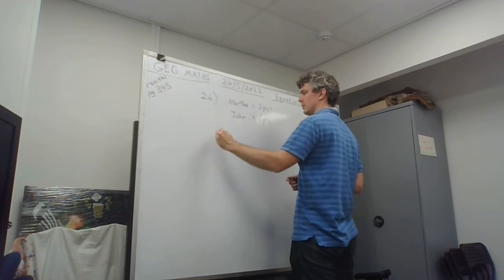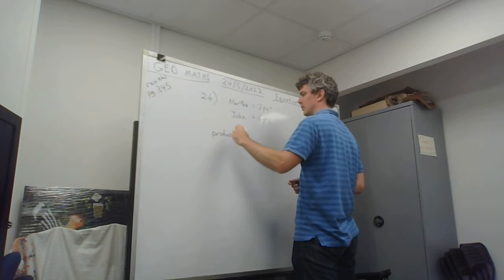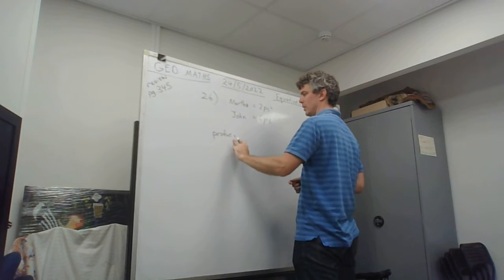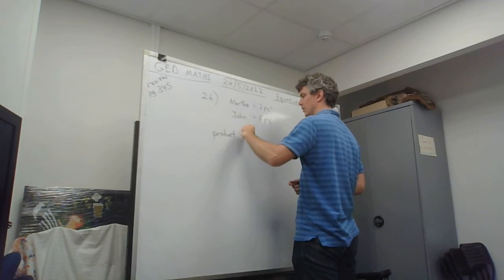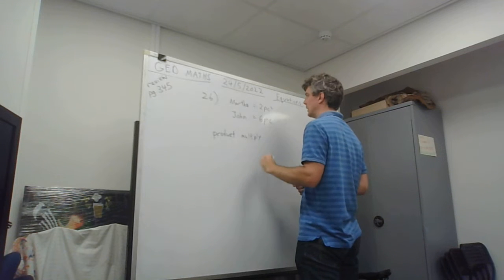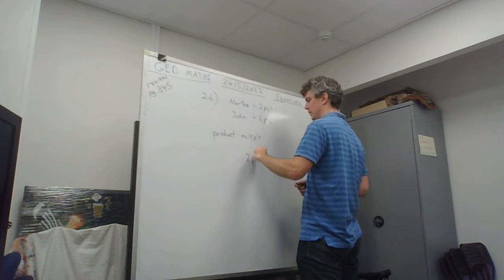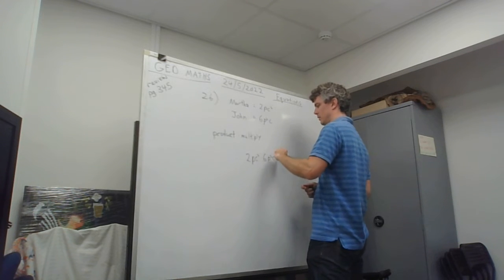So product means multiply. Therefore, it's 2pc squared times 6p squared c.